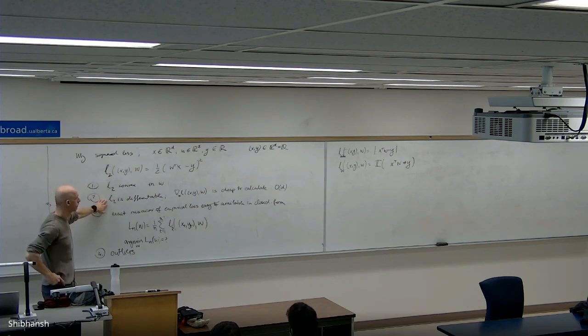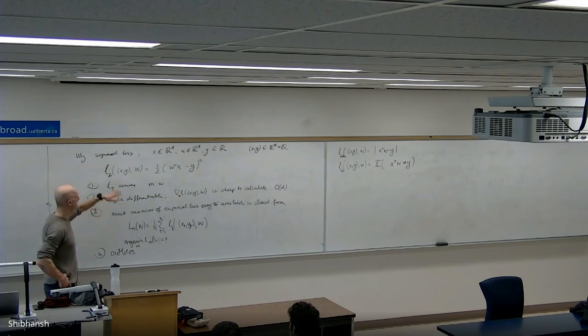Doesn't matter. Okay, is it cheap to calculate the derivative when it exists? It's very cheap. It's even cheaper, or the same cost. Exact minimizer. Is that good? No. We can't do this. How about outliers? Well, you don't know yet, but it's actually better for outliers.